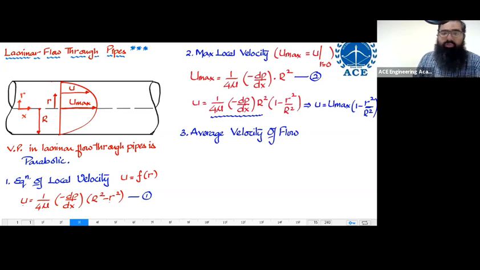What are you supposed to remember now? If you don't remember the other things, it is fine. If you remember this, it is sufficient. After every name, I'll mention something that is more important than the equation coming next. For example, average velocity of flow, represented by V, is equal to u max by 2.